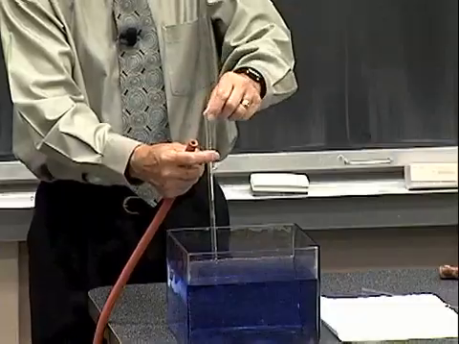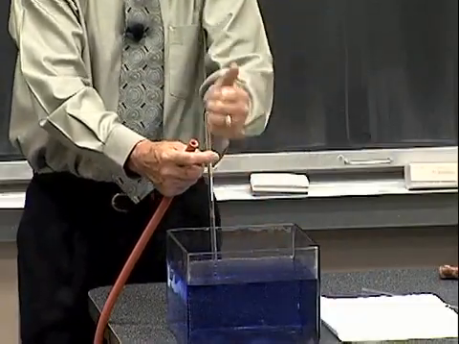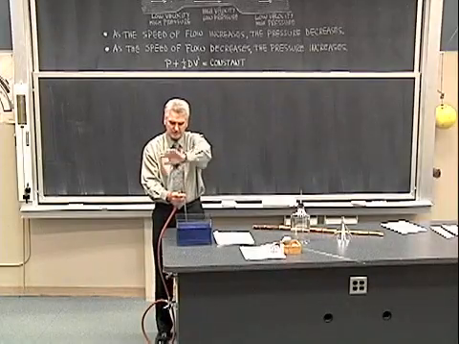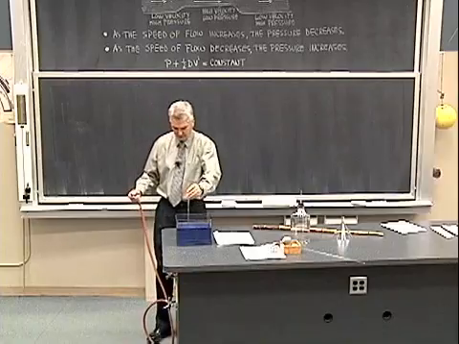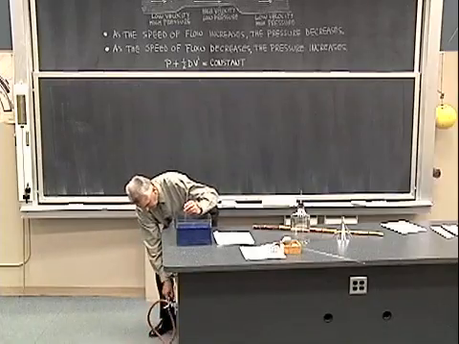So there'll be a low pressure inside the tube, and the atmospheric pressure will push down, push the liquid up the tube, and it'll push the liquid into the airstream, and then the airstream will blow it out and break it up into small little droplets.